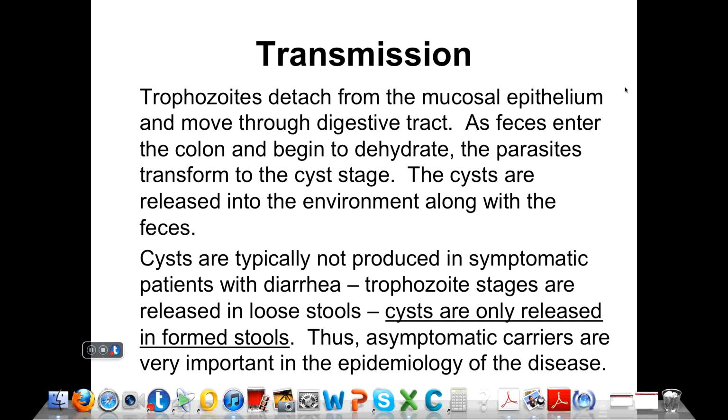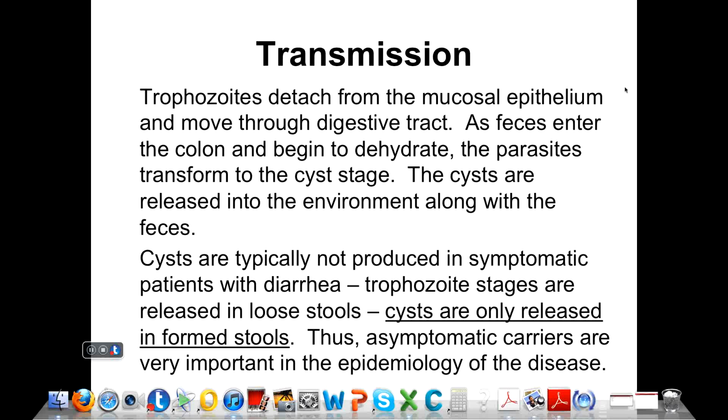They're releasing abundant trophozoites into the environment along with their stool, but trophozoites are not infective because they cannot survive passage through the stomach. So that means that it's the asymptomatic carriers, the people who are not symptomatic, that are responsible for transferring this infection.